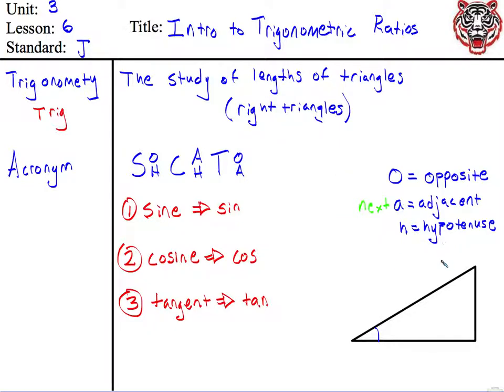I think the easiest one is hypotenuse. Which of these three lengths is the hypotenuse? Which side? 1, 2, or 3? 1. Okay, so this is hypotenuse. Maybe we should just label it with H because that's the letter that we already said. H equals hypotenuse.